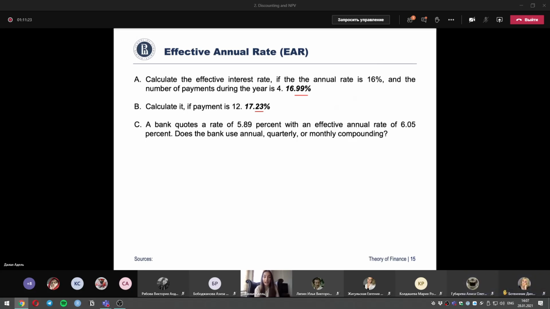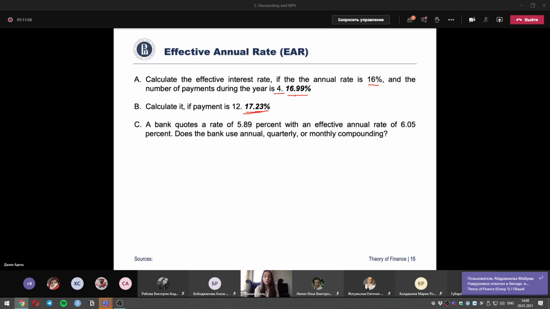In the first case, you see that if we receive our interest 4 times a year, we receive 1% more in total every year than with annual compounding. With even more payments a year, we receive 1.23% more than if we received it once a year. Okay, thank you. What about point C?